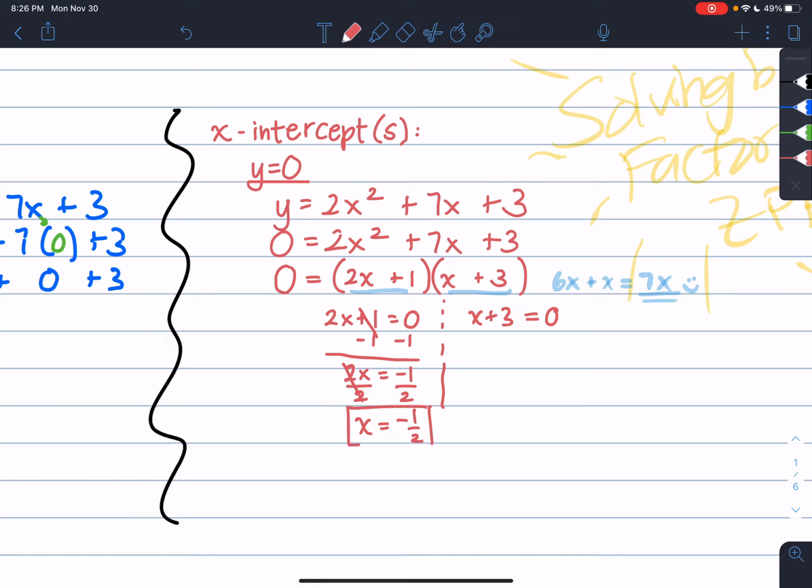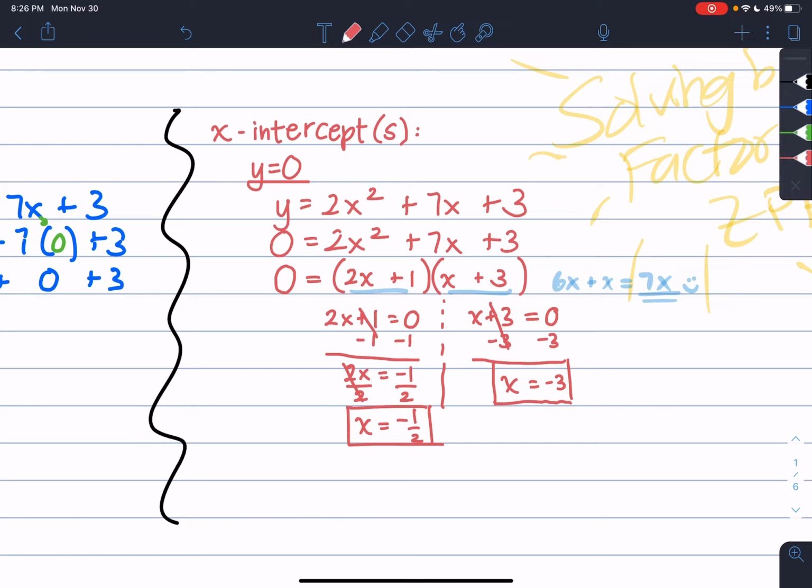So that gives me one solution, one x-intercept. All right. On the right side, to solve for x, all I have to do is subtract 3 from both sides. Bam. We get x equals negative 3 here. And now this gives us the second x-intercept.